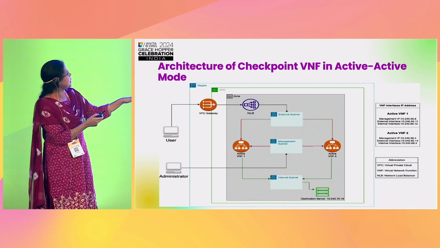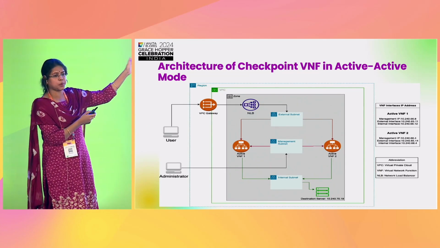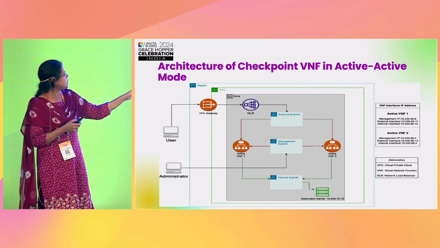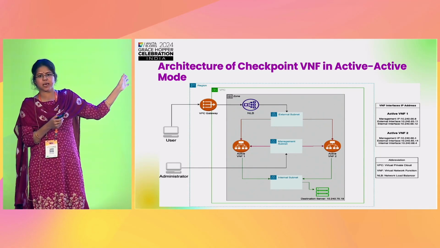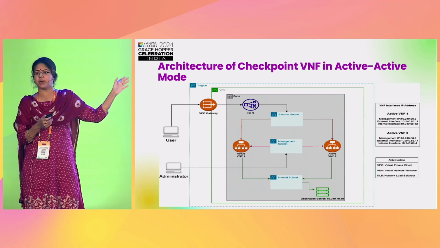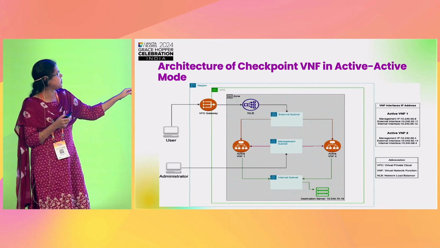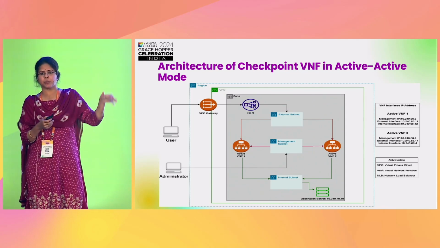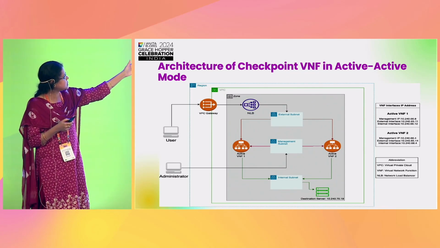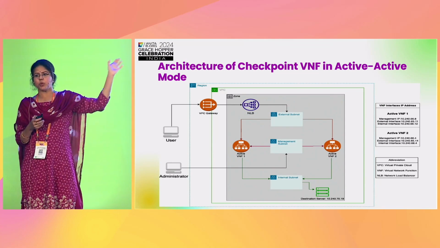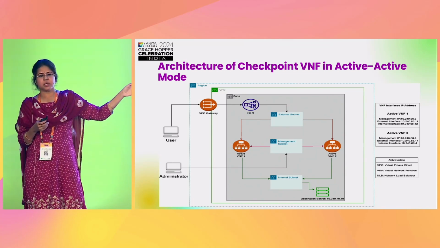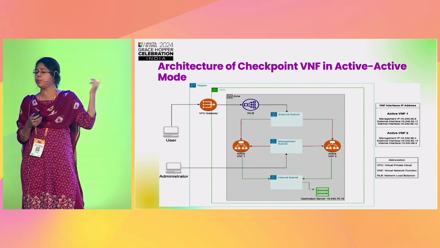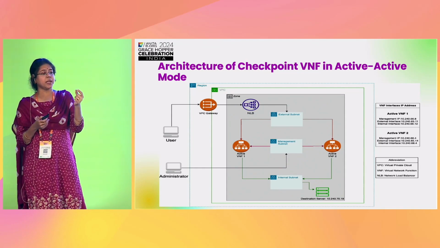So this is the architecture of a Checkpoint VNF, and what I am showing here is an active mode. This is running in IBM cloud. Inside IBM cloud, there is a virtual private cloud. And inside the virtual private cloud, initially you have to create the subnets: the internal, external and the management subnet. After you create all the subnets, the next step is to spin up a VNF. For spinning up the VNF, we will be using the Checkpoint VNF image.